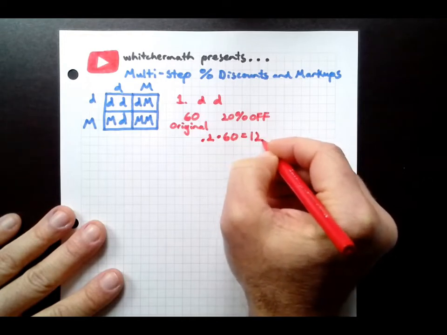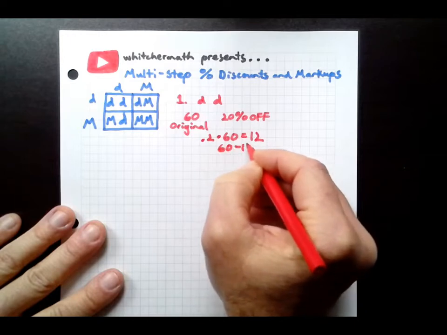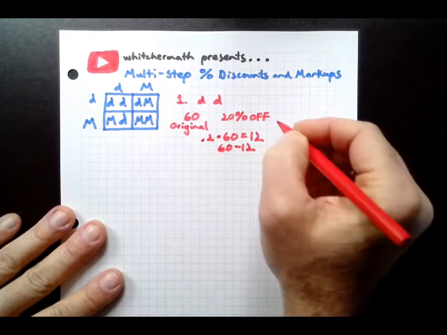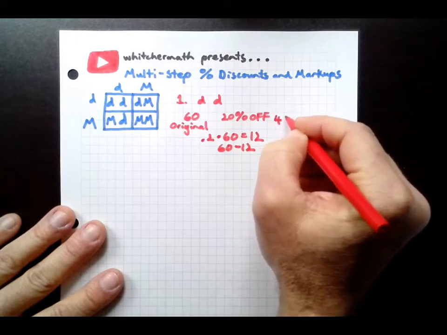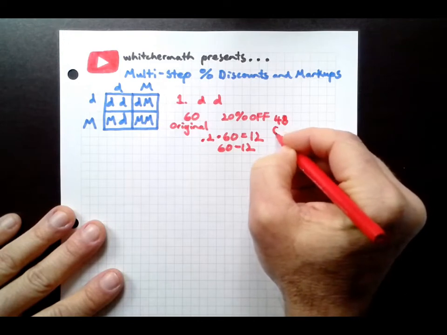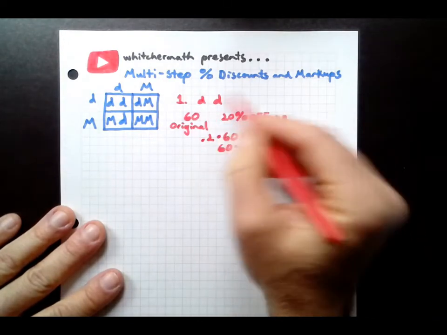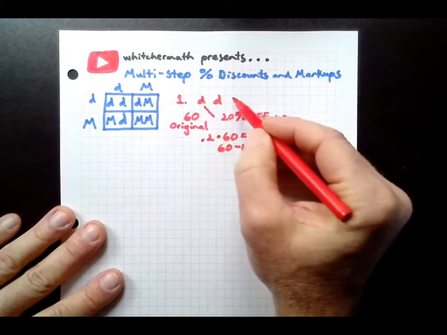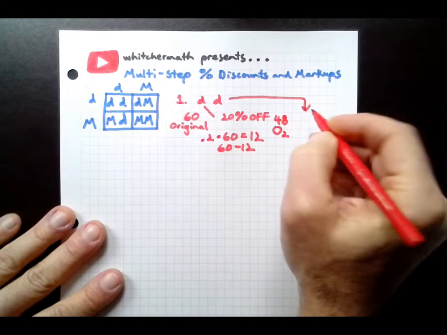I keep saying money. And then I discount that, and I end up with the new number, which in this case is 48. Now we're going to call this original number 2. Then the second stage of the discount, I'm going to take another 25% off.